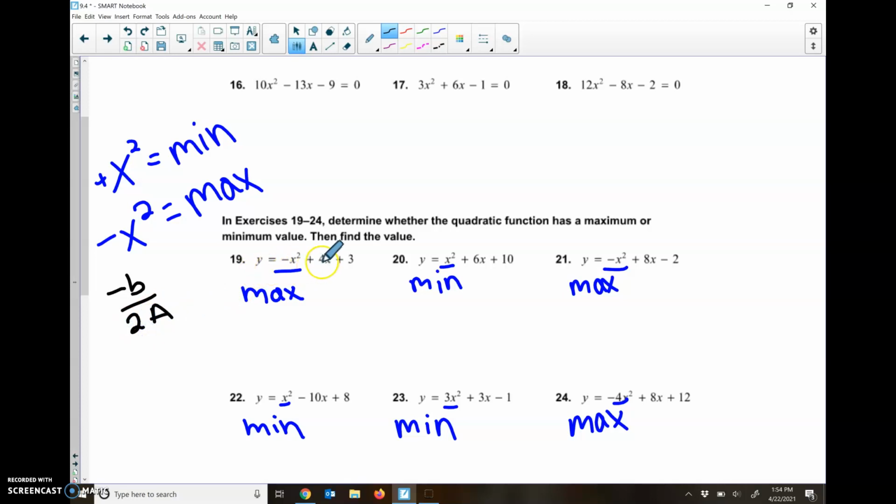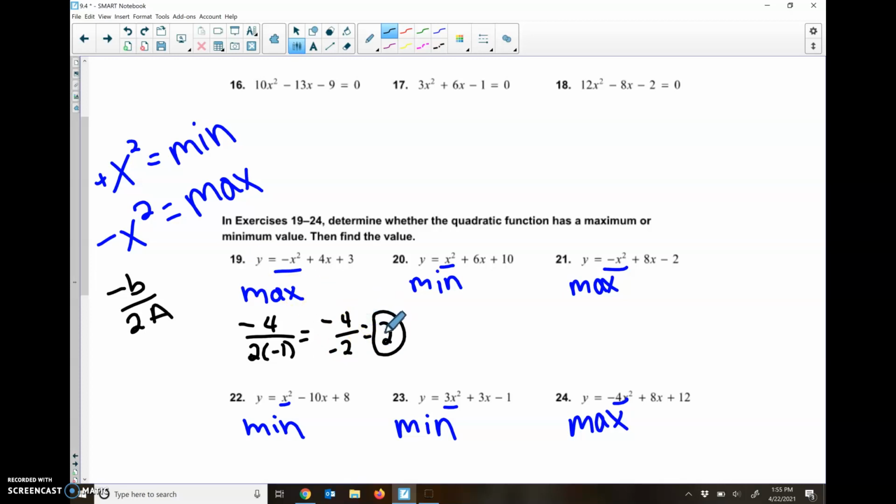So here I have negative b, so negative 4, over 2 times a, and a here is a negative 1. So then I figure out negative 4 divided by 2 times negative 1, so negative 4 divided by negative 2 is positive 2. So that means x is positive 2.